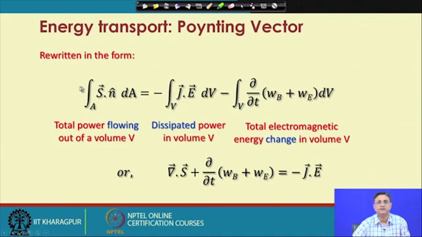So, if you look at this equation, the energy flow through that volume will be equal to the loss of the energy from that volume and the dissipated power within that volume. That is very consistent, and it really represents the conservation of energy.